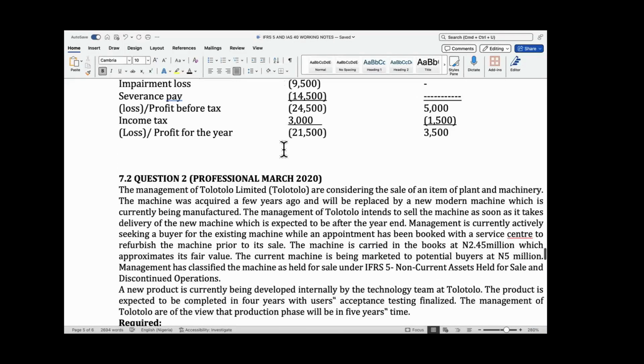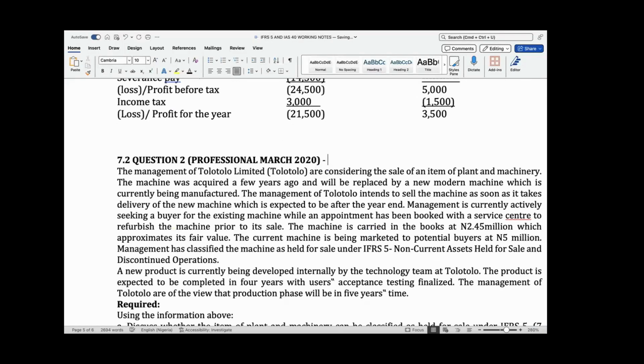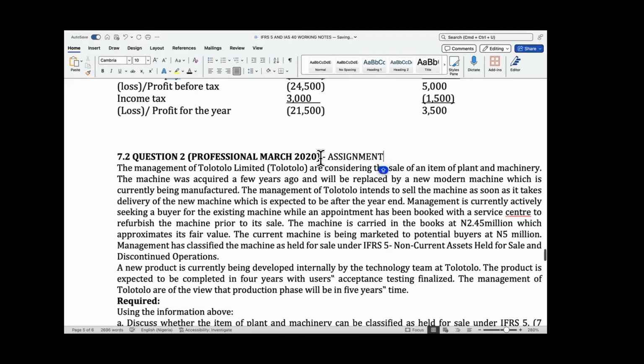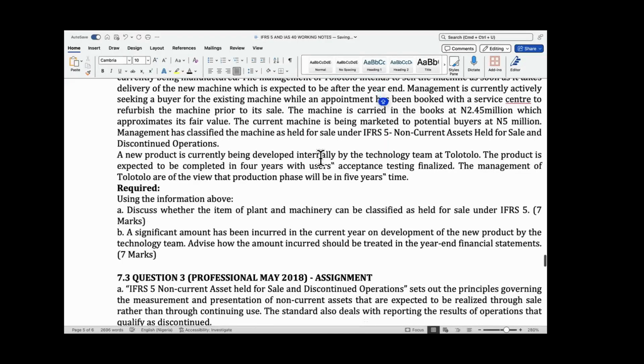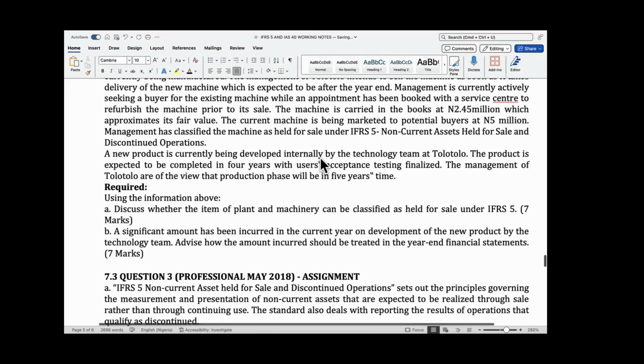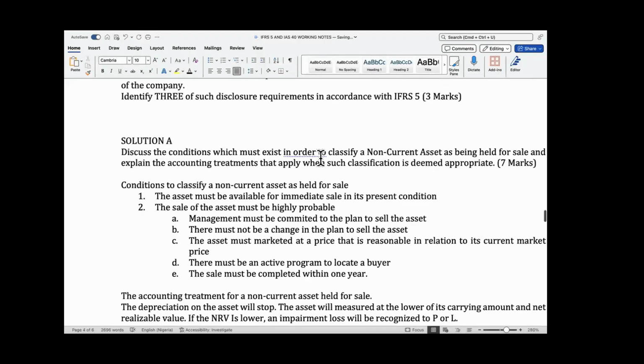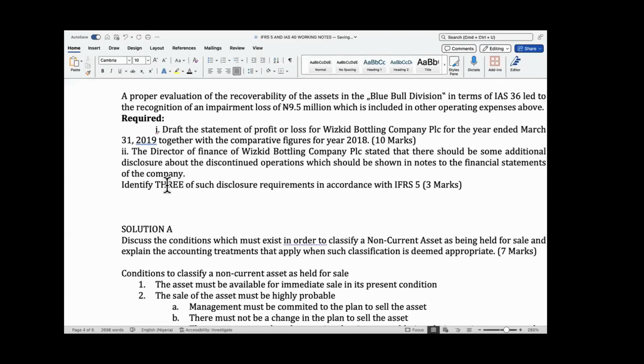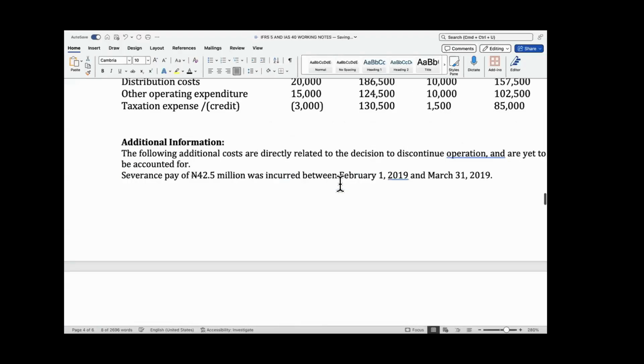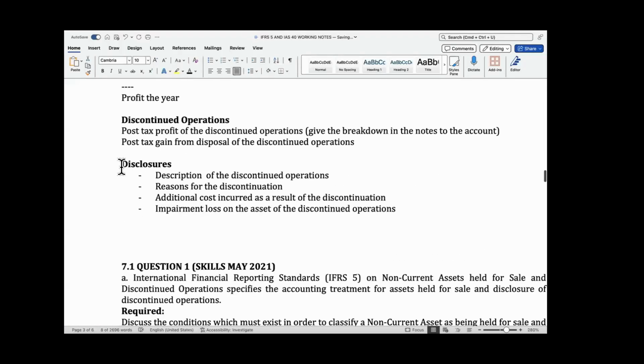And there's another simple one they ask a lot at professional and also at skills. Just attempt it to apply those principles. And also, this one was asking for disclosure requirements, which I already gave here. You can just pick it here and use it.